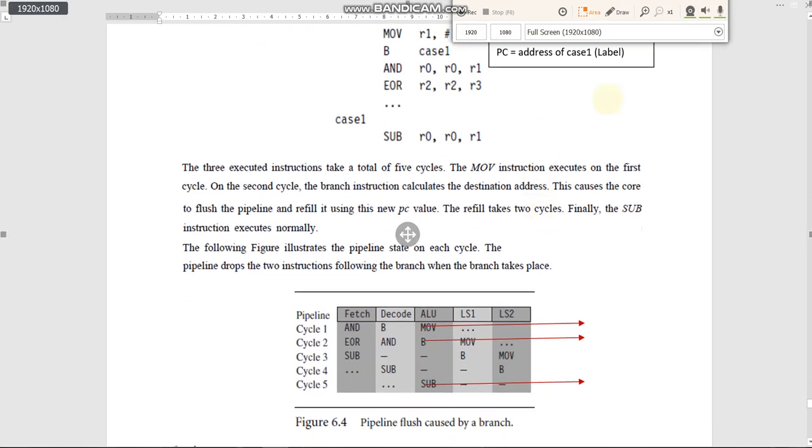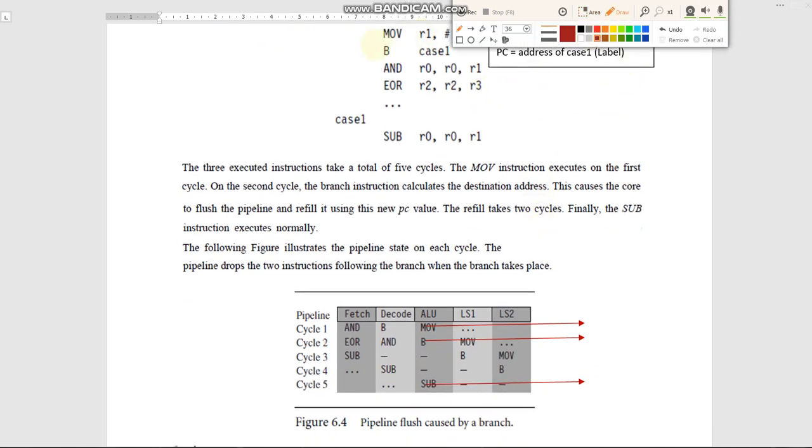See here. We assume that the move instruction is there in the ALU phase of the pipeline, and this B instruction, the branch instruction, is there in the decode phase. The AND instruction is there in the fetch phase. In cycle 1, the move instruction is the first instruction in the ALU phase.